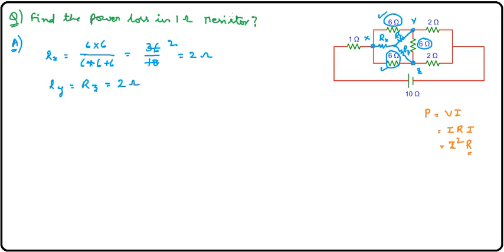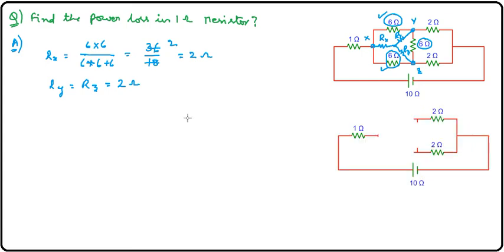Now I want to draw how the circuit will be. So these are the 3 points, as you can see. One is X, and this is Y, and this is Z. So the resistors will be like this.